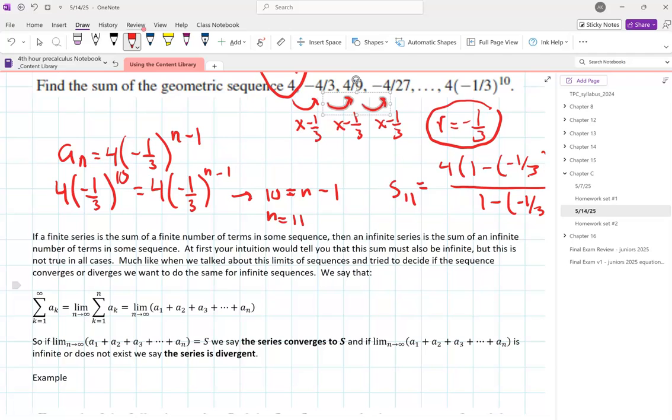And if I look at the limit as n goes to infinity of that sequence, that'll tell me what the sum is for the infinite series. That's the idea that we're going to do here. Now, if that sum is finite, we say that the series converges to that value. If that sum is infinite or incalculable, we say the series is divergent, and we're done.